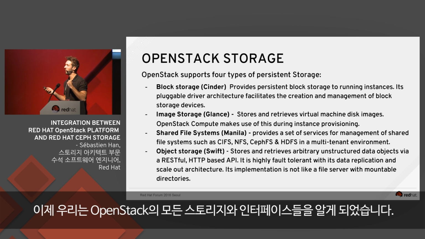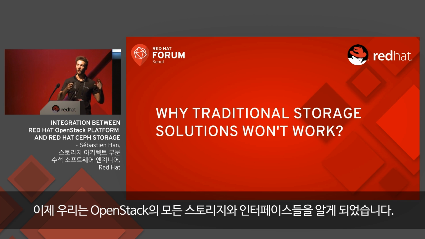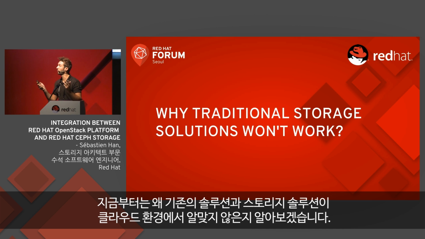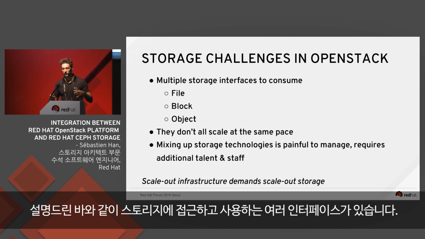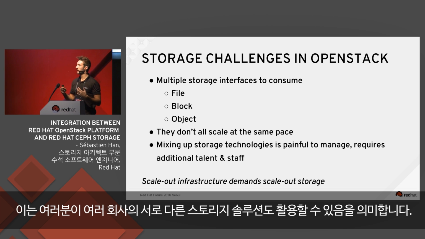So now that we know all of the storage interfaces that are part of OpenStack, we're going to discuss why traditional storage solutions won't work with your cloud environment. Typically, as explained, we have several interfaces to access and consume storage. This means that you might end up having different storage solutions from different vendors.